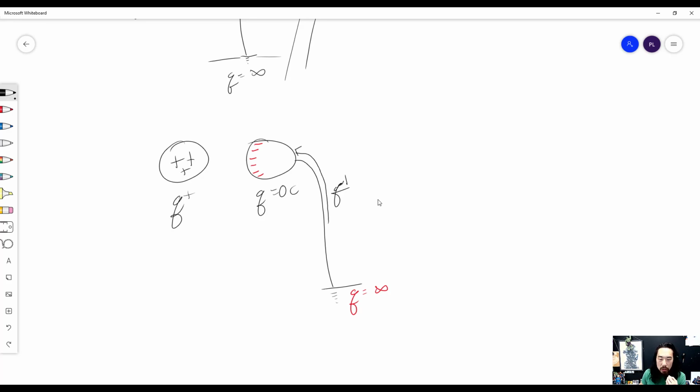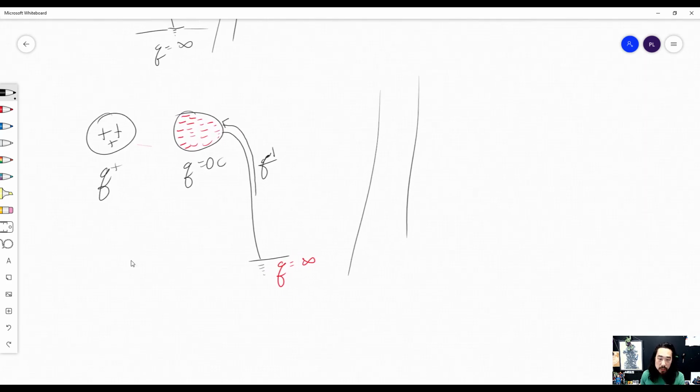The negative charges will go from the ground into this object, filling this object with more and more negative charges, because those negative charges want to be as close to this large positive source as possible. After you cut the ground, you still have a positive object, and the other one will be a negatively charged object, right?